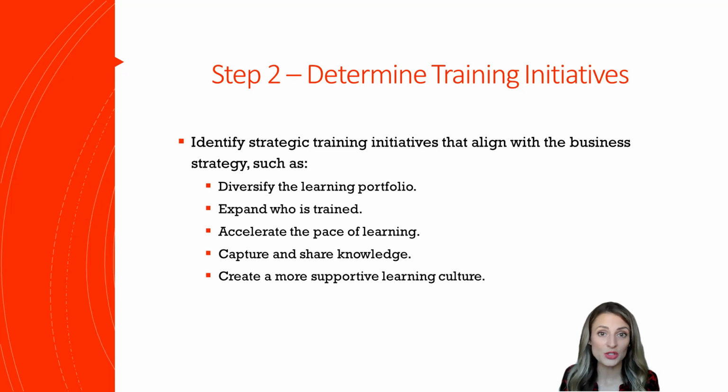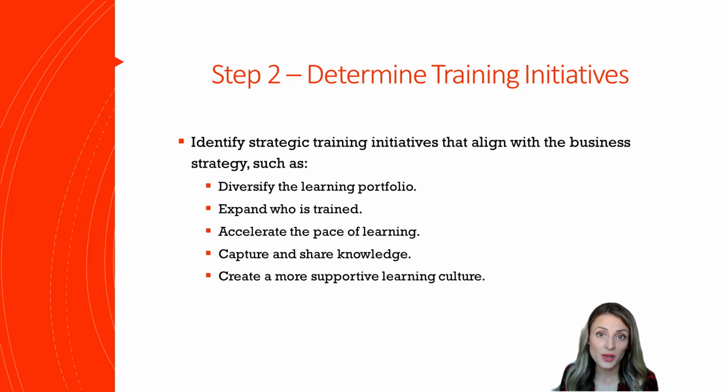It might also be interested in providing non-traditional training opportunities like just-in-time learning options. Other companies might want to invest in knowledge management and find new ways of collecting and sharing information across the organization.